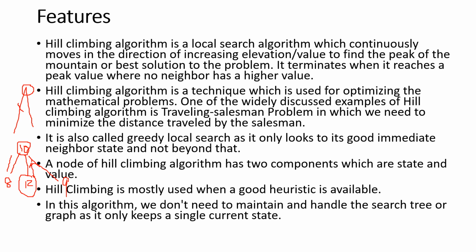According to the value, we decide whether it is a good or bad decision. Hill climbing works well only when a good heuristic is available. Heuristic means evaluation function. It guides the algorithm towards improvement. A poor heuristic will result in poor results.